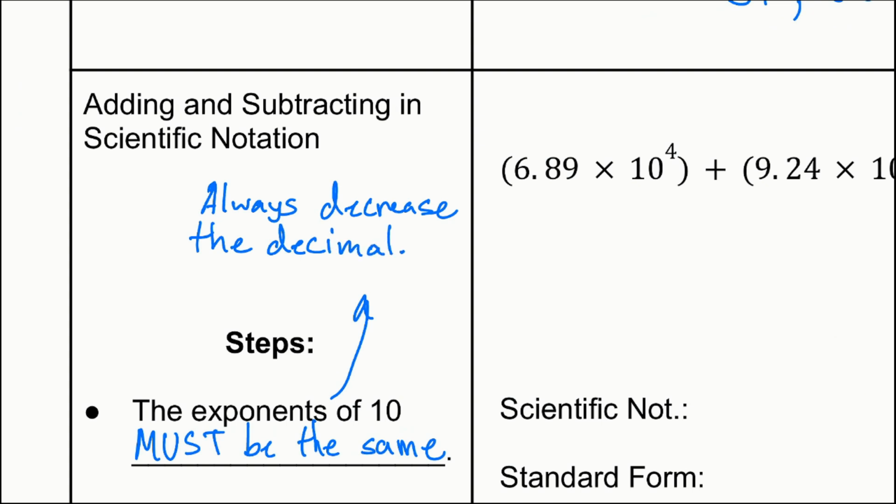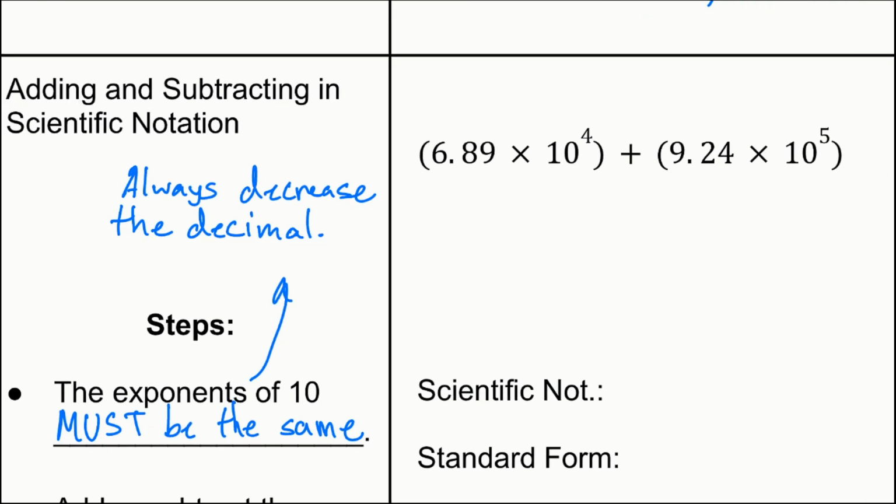And the reason for that, without getting way too far into it on this set of notes here, is that if you decrease the decimal, that's making the number smaller, which gives you a much smaller likelihood that you are going to get a front factor that is more than 10, which means you shouldn't normally have to do that again. Okay, so I'm going to say always decrease the decimal.